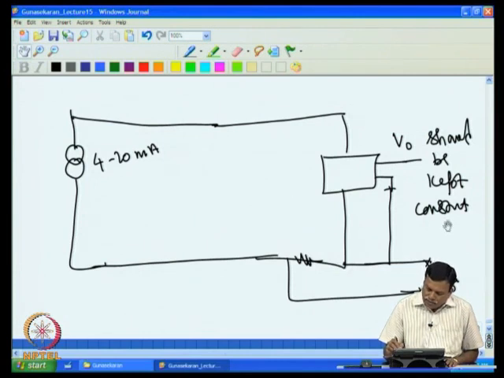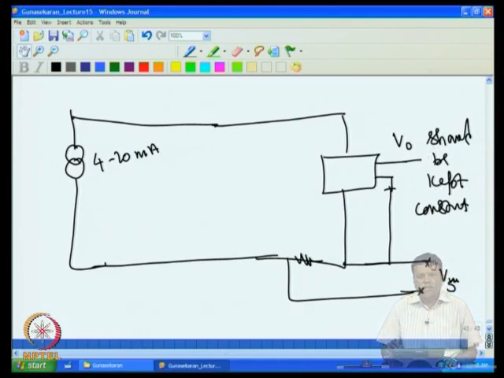And for that operation we need an electronic circuit. Power for that electronic circuit should come from this V0. So eventually it looks like this: this voltage will be used to power the circuit, and this will be used as a signal to activate the actuator or anything else.